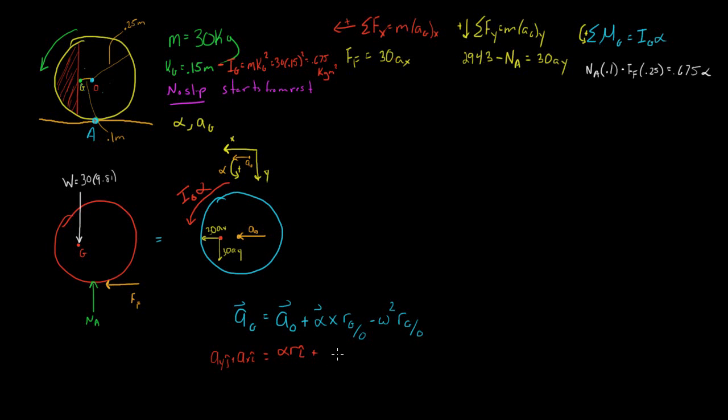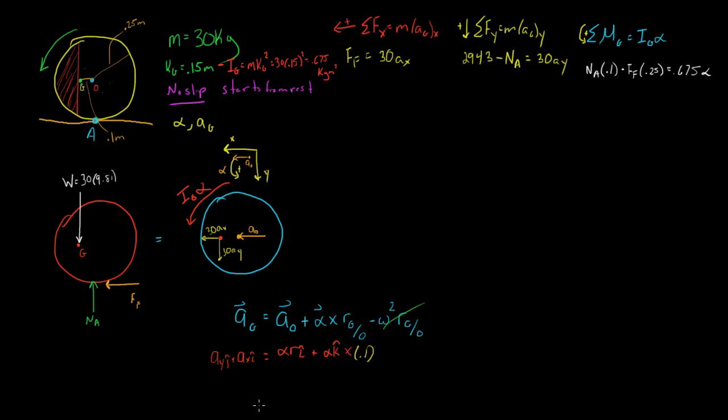And plus its angular acceleration, which is going to be positive, so it has alpha times a k vector crossed with the position vector from G with respect to O. So this is from O to G, and we're going to go 0.1 meters in the positive direction. So this is going to be crossed with a 0.1, and because we start at rest, this angular velocity goes away.